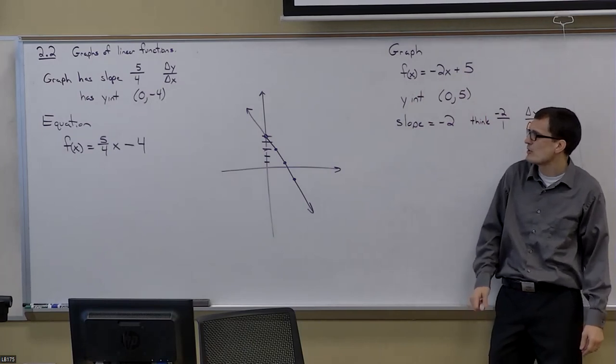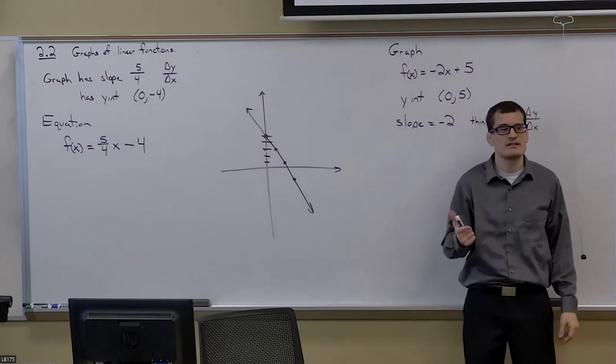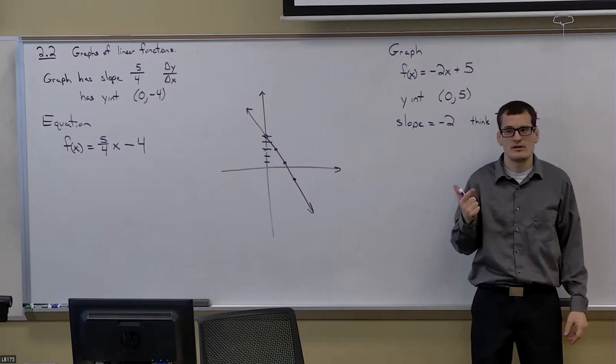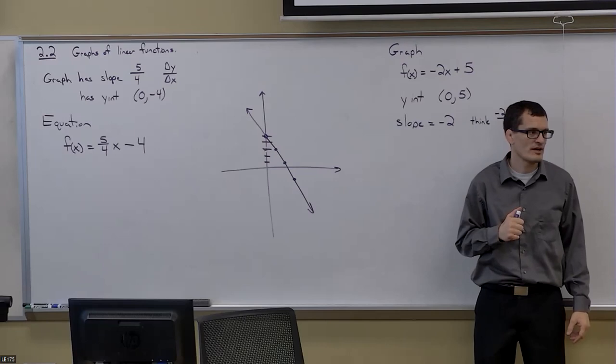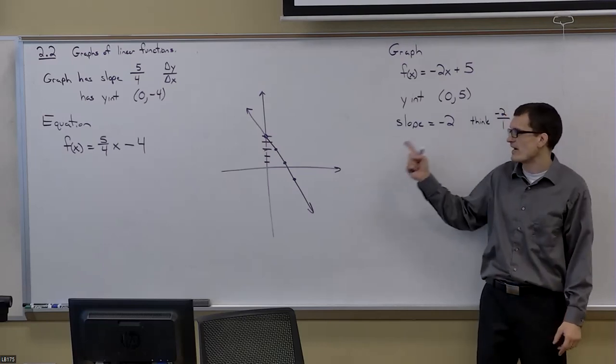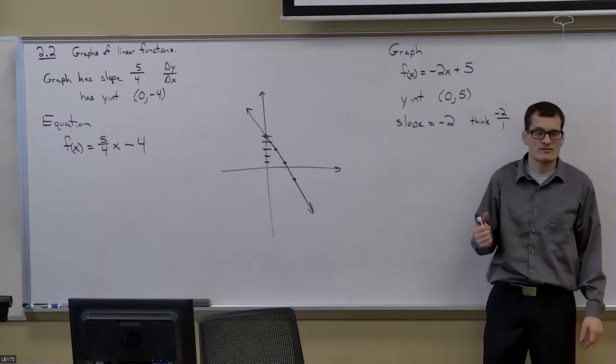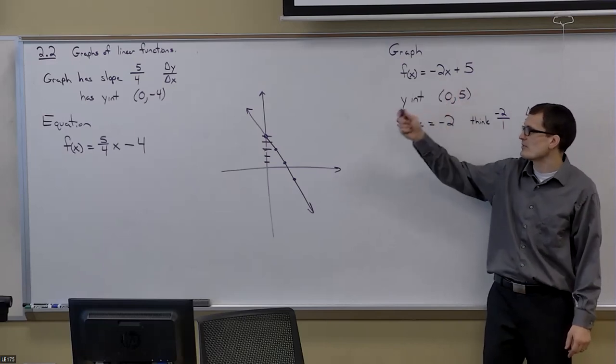Right. So slope and y-intercepts are really, really nice features to have. It allows us to go back and forth either direction, from the graph to the equation or from the equation to the graph.